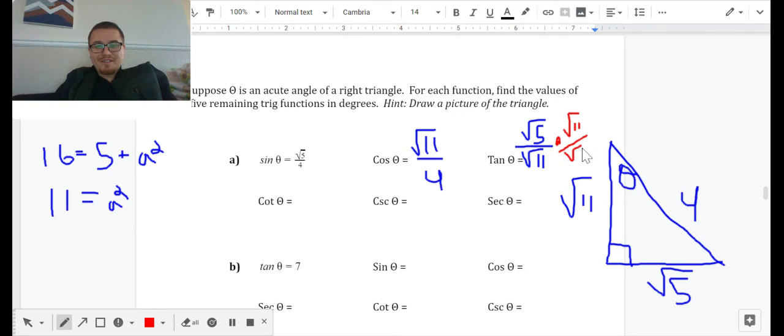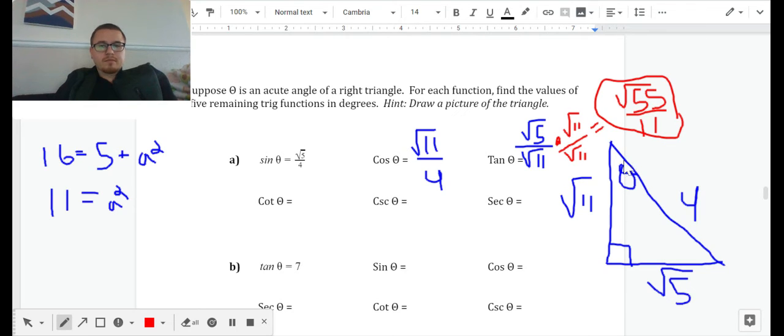It's so painful. But we're doing this to give us a number that's not so messy, like square root of 55 divided by 11, and there's nothing we can pull out of there, so it's just going to be our ratio. So for tangent of theta for this triangle, you're given that.